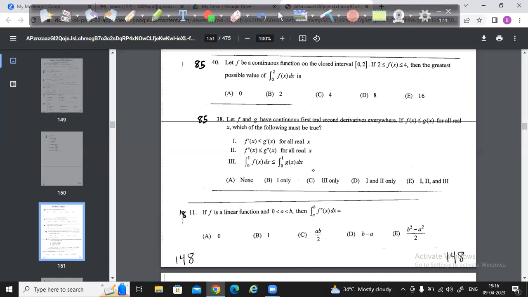They are continuous and they have first and second derivatives. Good, a decent question, not a difficult one. If f of x is less than or equal to g of x, which of the following must be true?